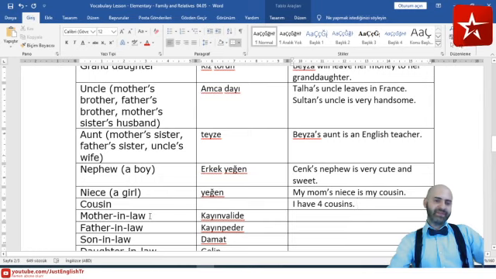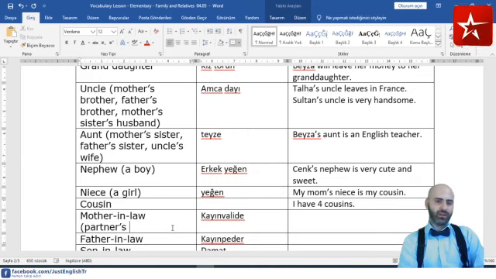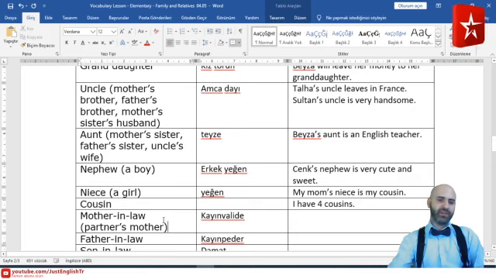My wife's father will be my father-in-law. Okay? So mother-in-law is your partner's mother and father-in-law is your partner's father.